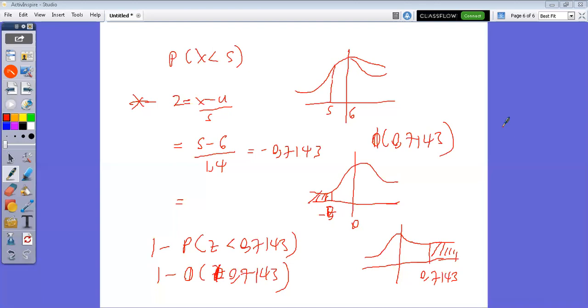Then what did you do after that? I went to the additional column. Yes. So we said 0.7611. I hope we can all agree there.